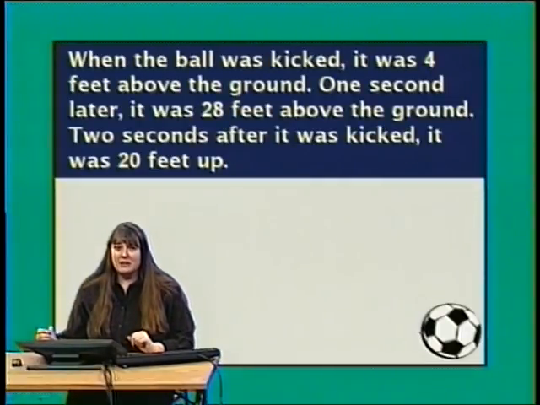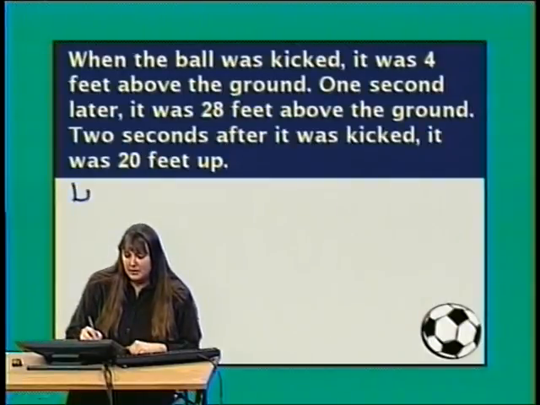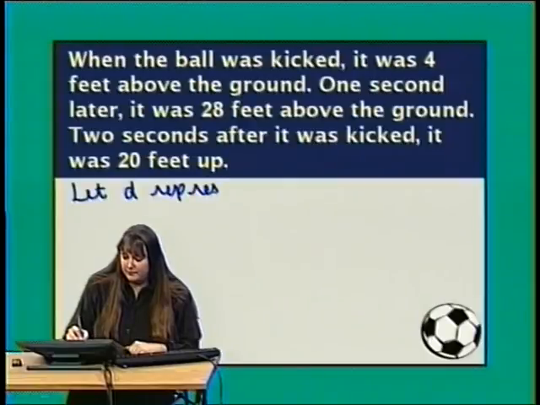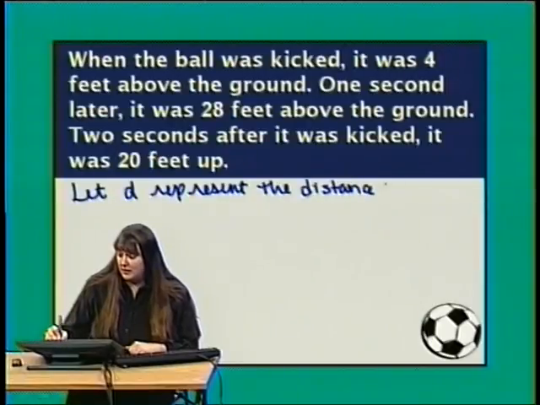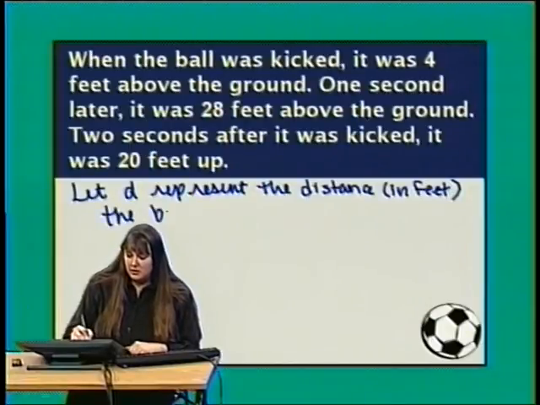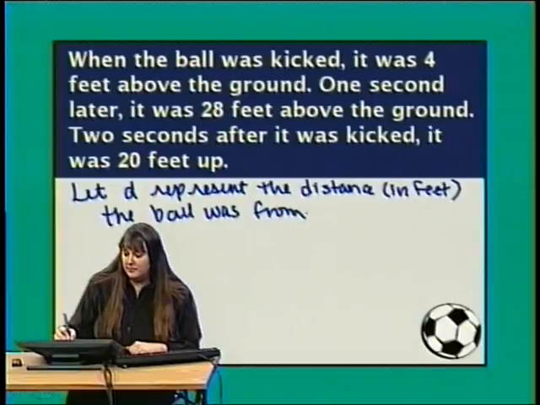Well, I'm going to start by defining my variables. I'm going to let d represent the distance in feet the ball was from the ground at time t.